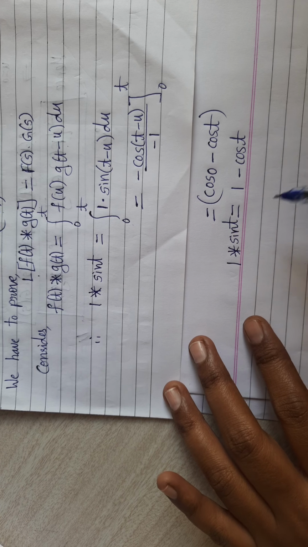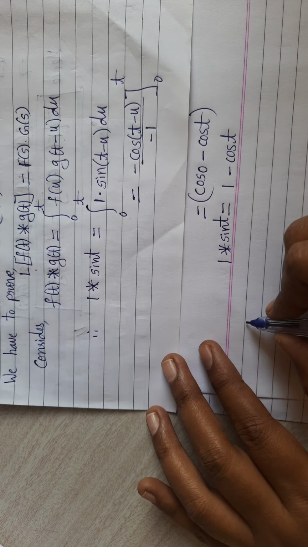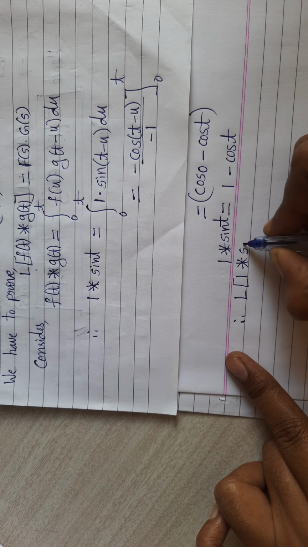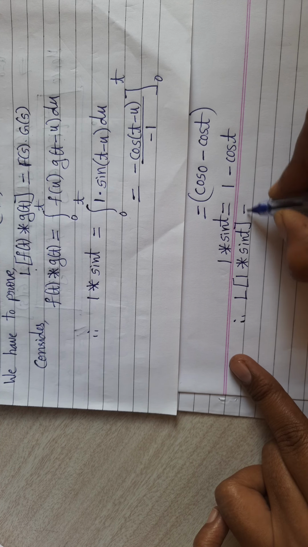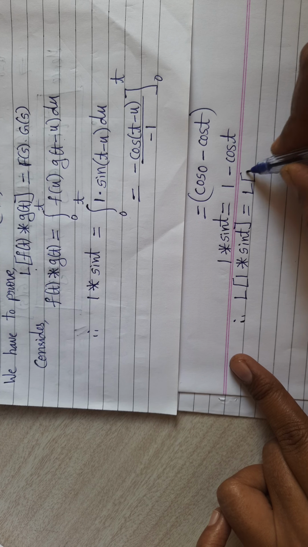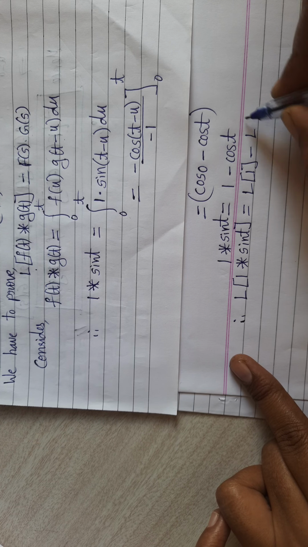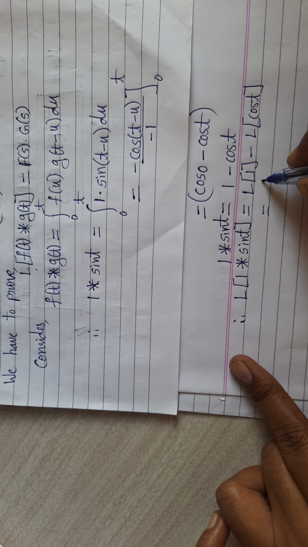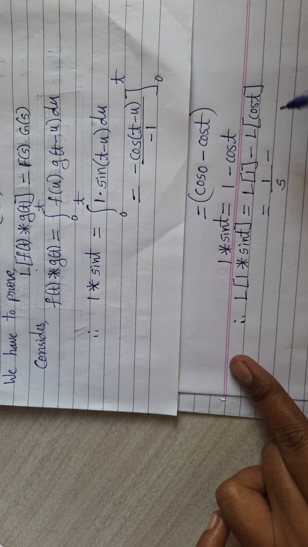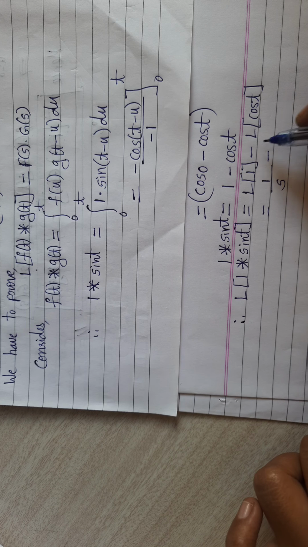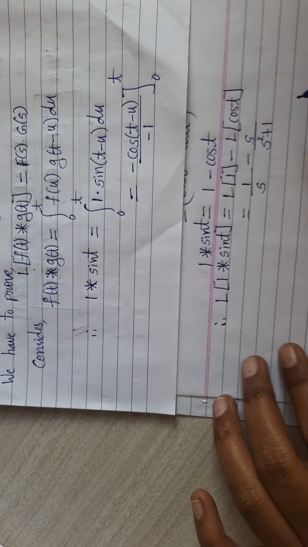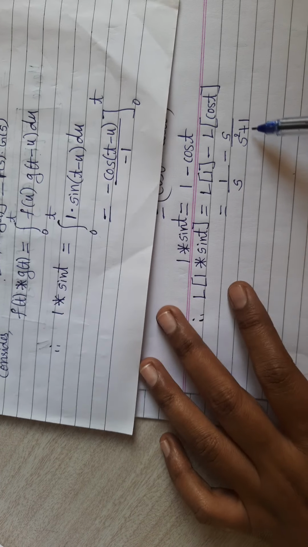Now we have to write the L of this. So L of 1 star sin t is equal to L of 1 minus L of cos t. L of 1 is 1 by s, minus L of cos t, that is s by s square plus 1. Now there is a difference, so take the LCM and simplify.